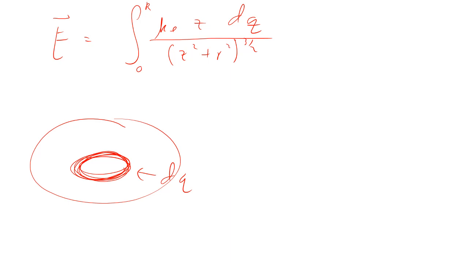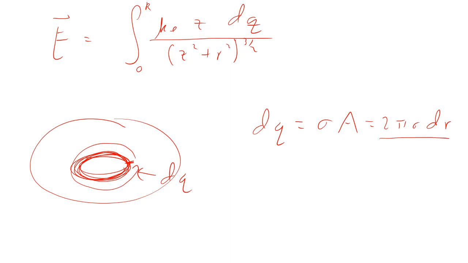Well, that's going to be sigma times the area of the ring. Now what's the area of the ring? Well, it's the distance around the ring, which is 2 pi r, times the thickness of the ring, which is dr. And then all that times sigma.